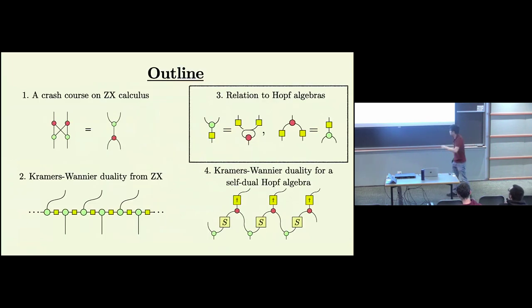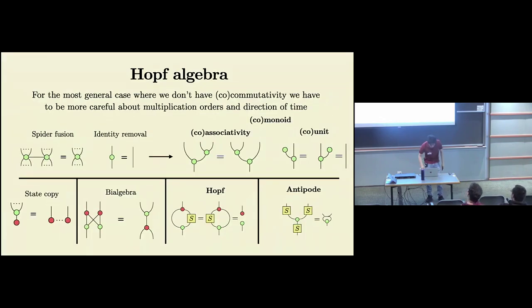Okay. So now let me go to the Hopf algebra. In the most general case, where we don't have co-commutativity, we have to worry about the order in which we multiply things, right? So we don't have the luxury of moving things at will anymore.